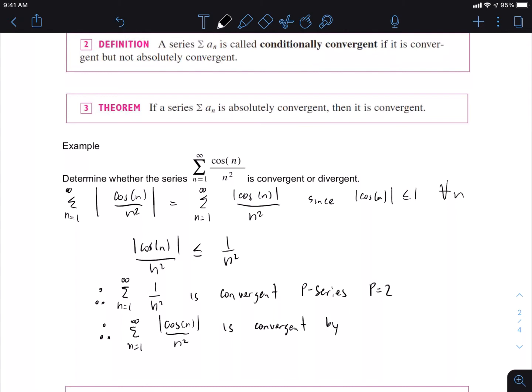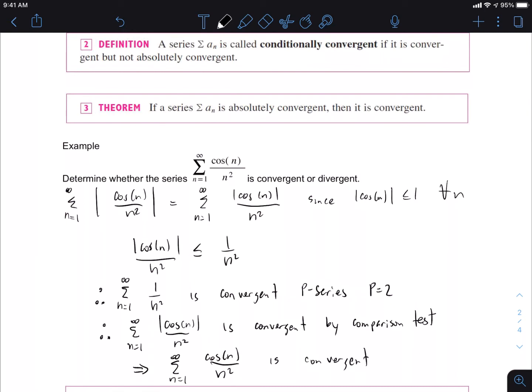And this is done by the comparison test, comparing one to the other. We've done that. And so if that's convergent, then this implies that the non-absolute would also converge. And so this is convergent.